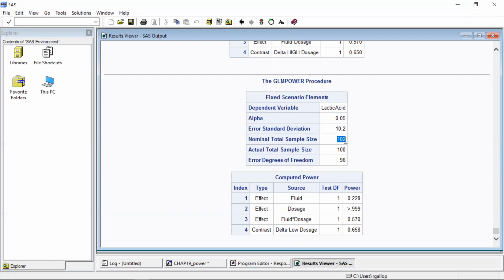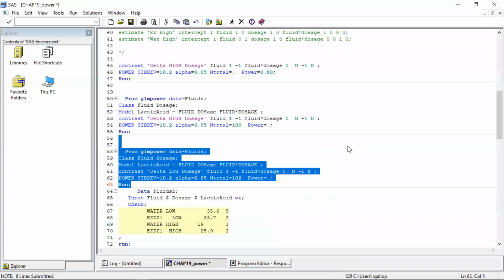So assuming 102 is the cap, in reality you need 100. SAS realizes you cannot go beyond 102, so it drops down to the next valid size.